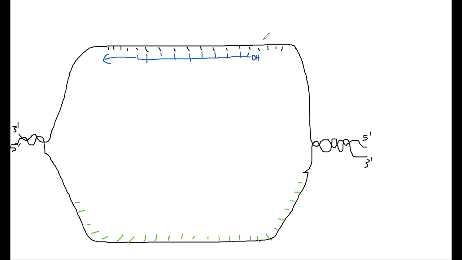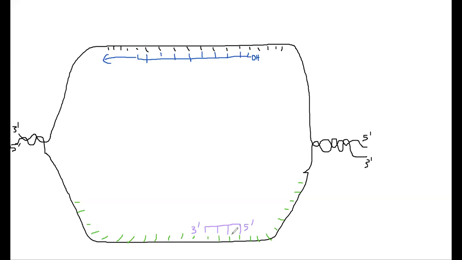So let's put our RNA primer here. That's 5' to 3', so this will be the 5' end of the primer, and this will be the 3' end right there.